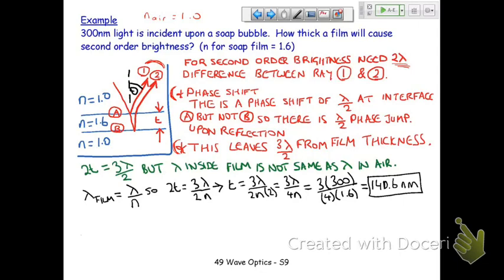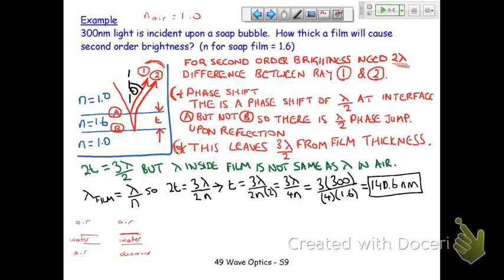Let's compare that. I'm going to do air, water, that's what soap is, air. That's the one above. I'm going to do air, water, diamond. Now let's do that same argument. Is there a phase shift when my light bounces off, goes through air and bounces off water? Yes.